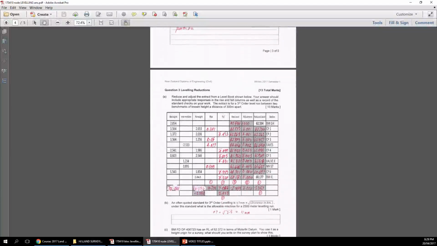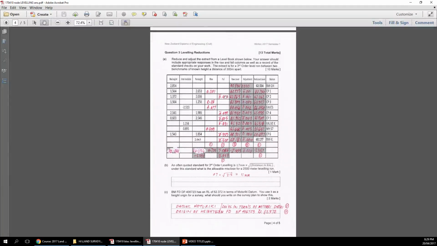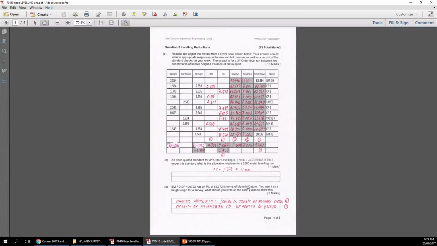So that brings us to the little leveling thing here. I think it's pretty self-explanatory that you have to know how to do this, and you need to teach it. If you had problems with this, you need to work it out and teach yourself how to do it. It's very methodical. There's a method that you follow.